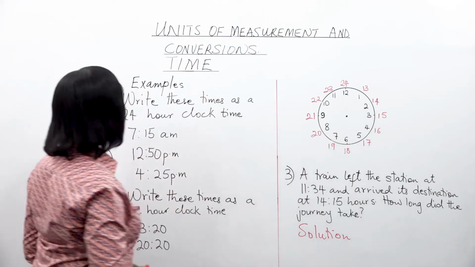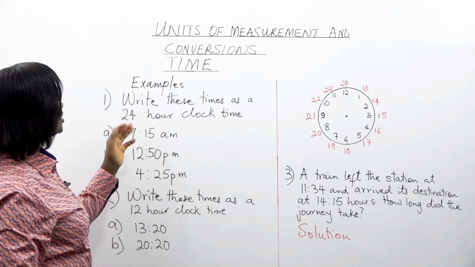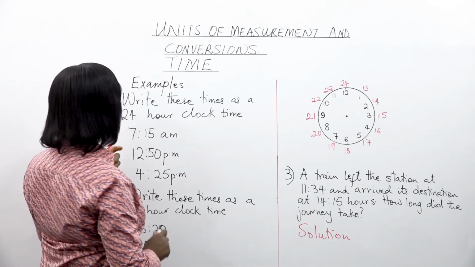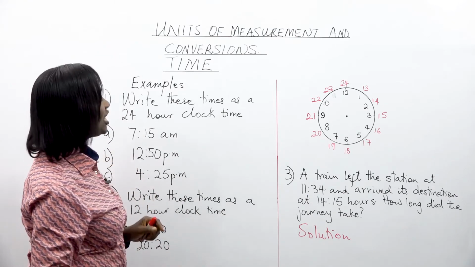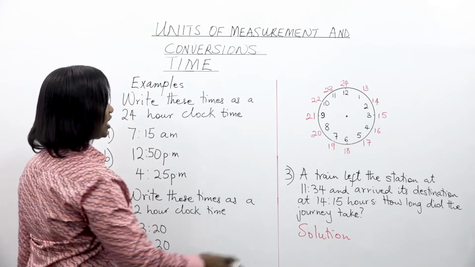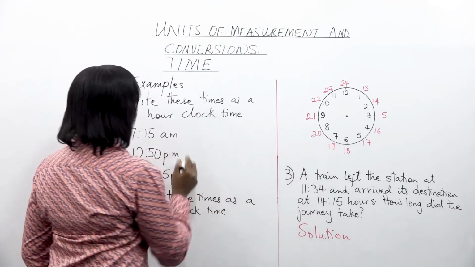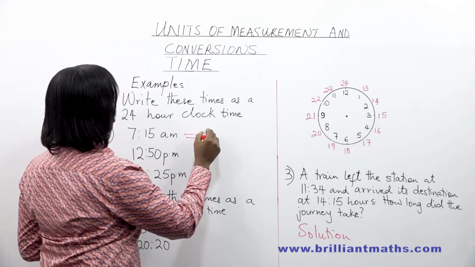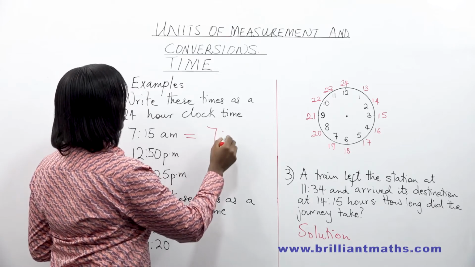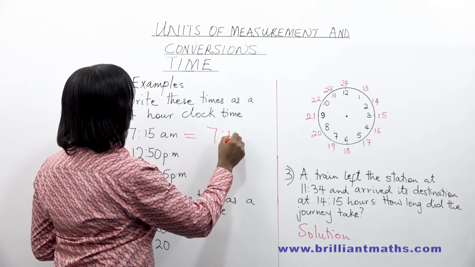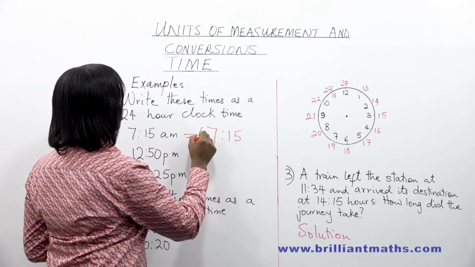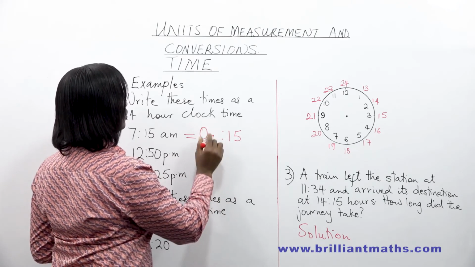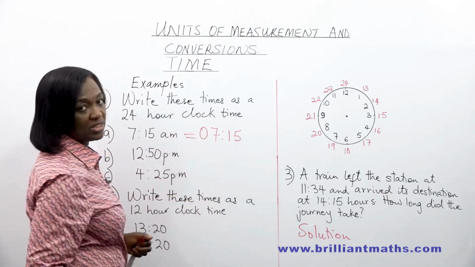So let's see. Write these times as a 24-hour clock time. We have 7:15 a.m. So 7:15 a.m. is the same as 7:15, but there's a 0 there, because the 24-hour clock is written in 4 digits.